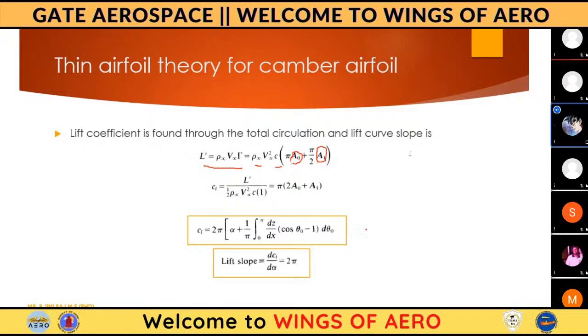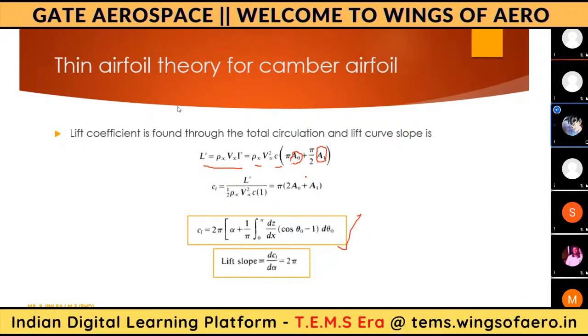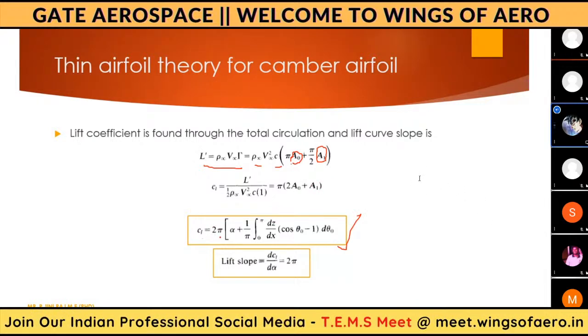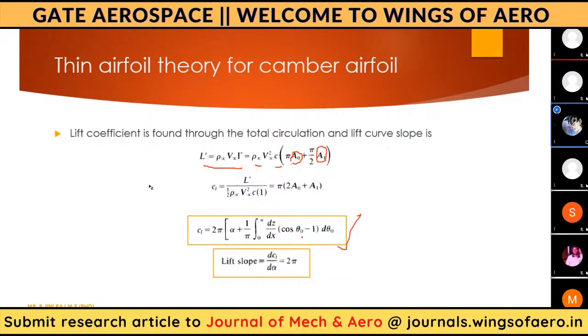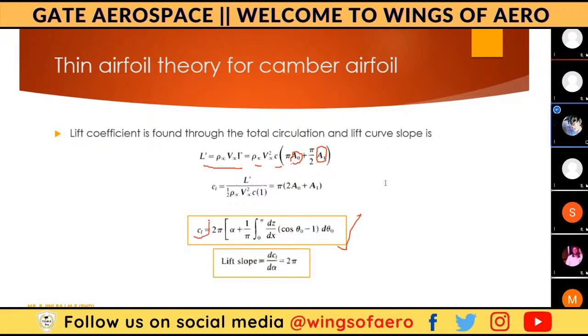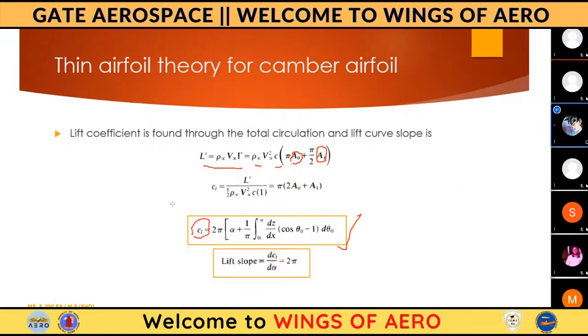This is the final equation for finding CL. After substituting the A0 and A1 values in the equation, CL equal to 2 pi alpha plus 1 by pi integral of 0 to pi (dz by dx) (cos theta naught minus 1) d theta naught.